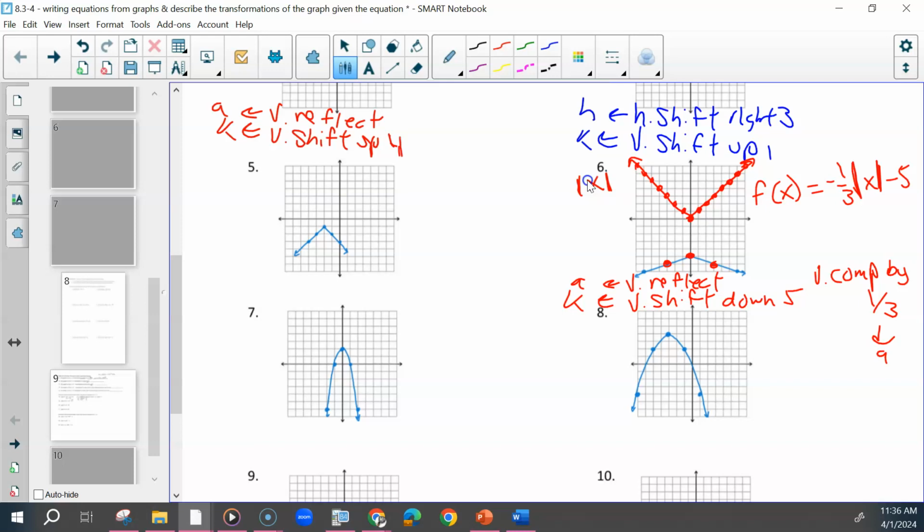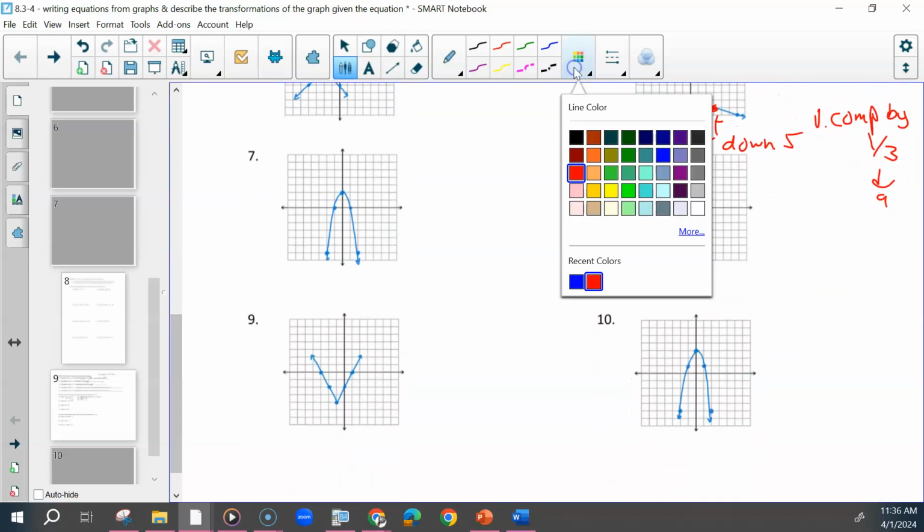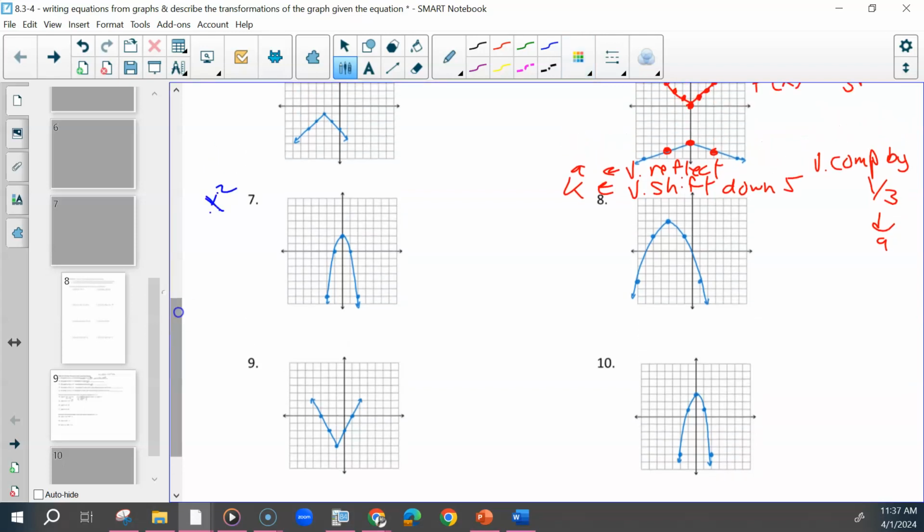Okay, let's look at 7. Which function is this? Quadratic. So that's your x squared. Again, I'm just going to redraw the original just because it was further up.